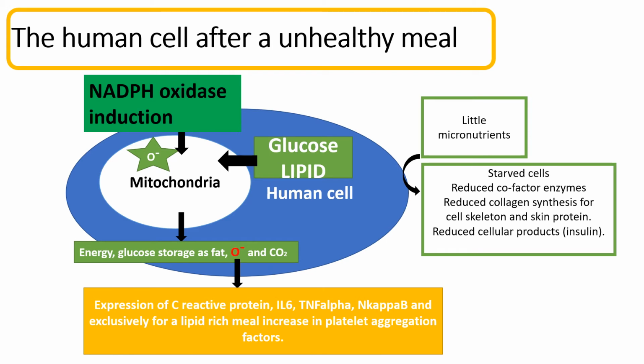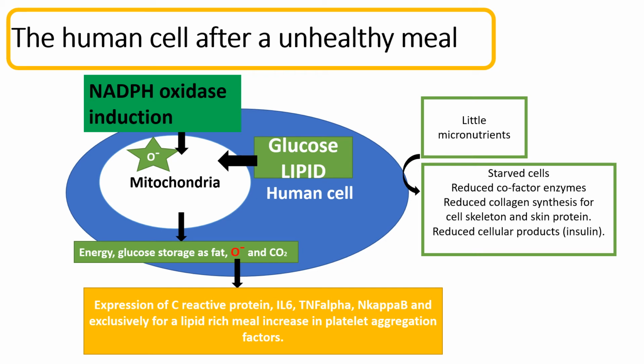The free radical oxygen produced in the cell as a function of glucose and lipid in the bloodstream results in an immediate expression of several immune defense inflammatory proteins.